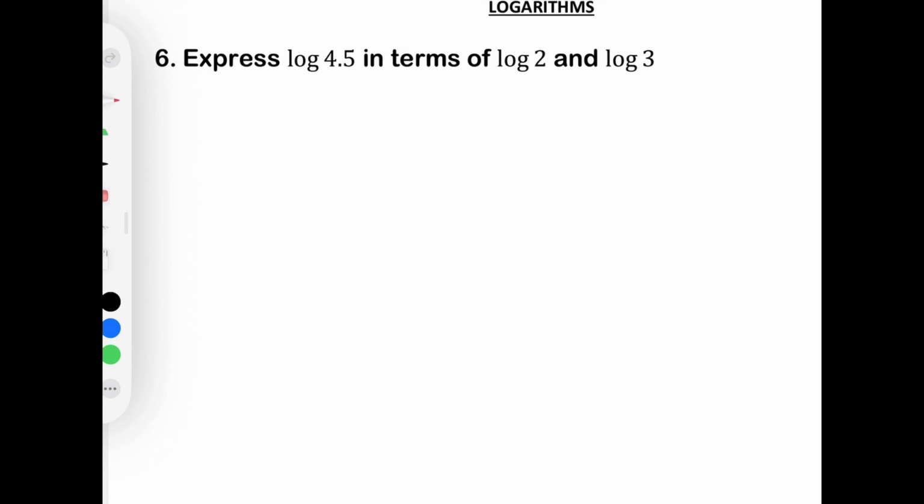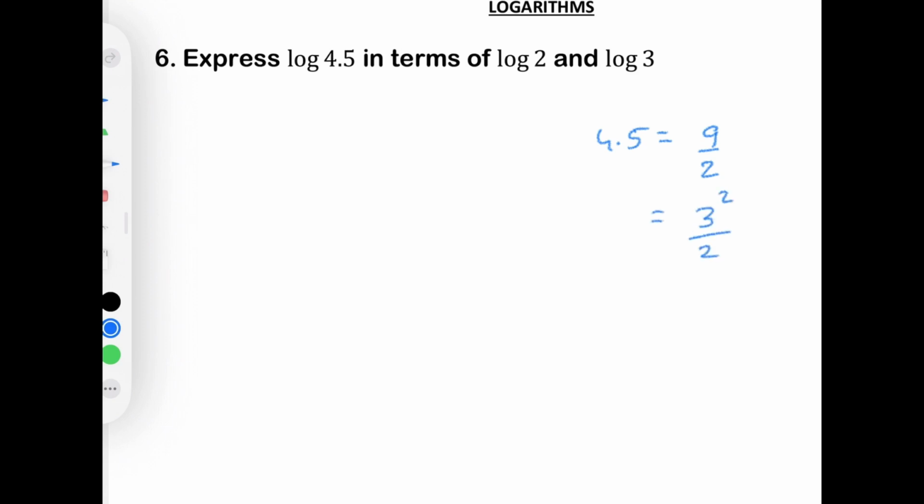The next question says express log of 4.5 in terms of log 2 and log 3. So we have to represent 4.5 with the factors 2 and 3. We know 4.5 is half of 9, that is 9 by 2, and 9 is 3 squared.